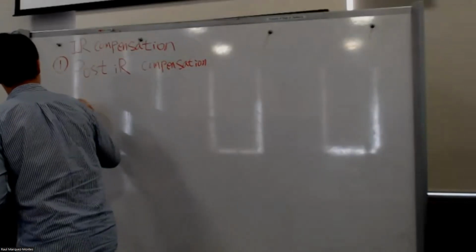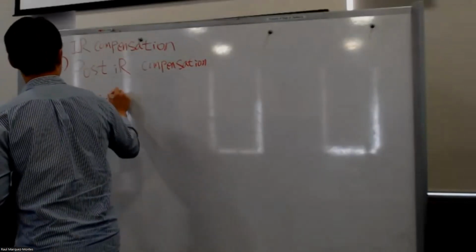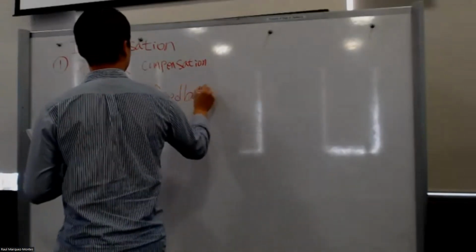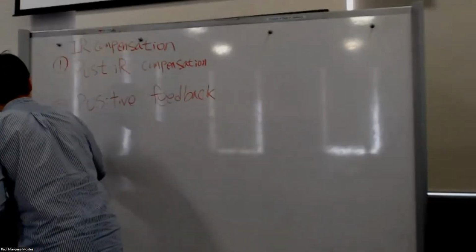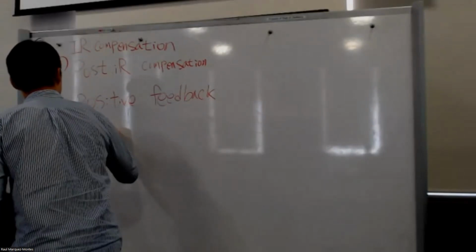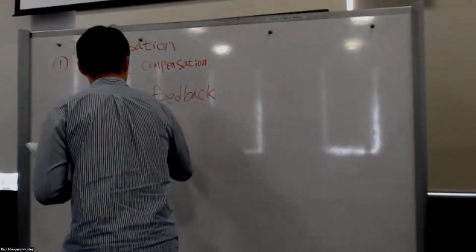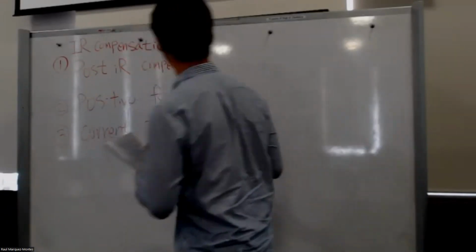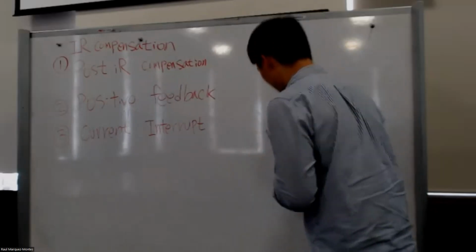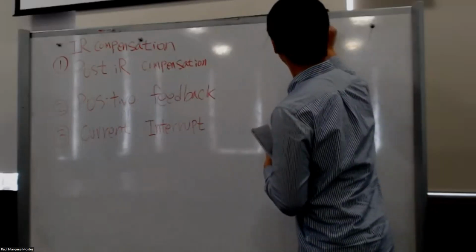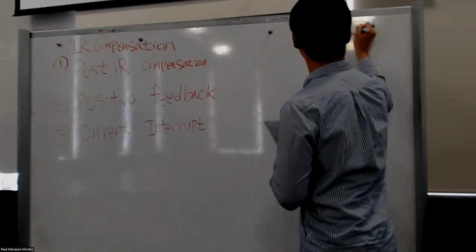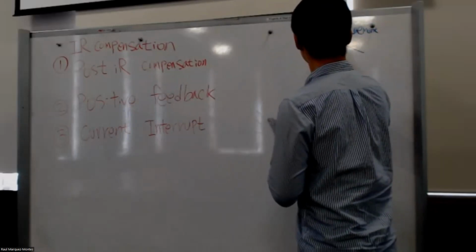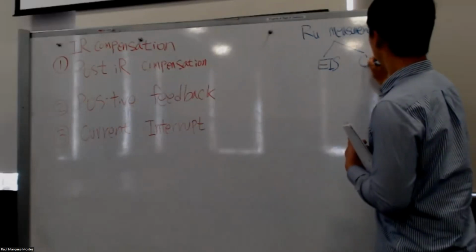Another is positive feedback. The third one is current interrupt. And remember, for the RU measurement, we have impedance and current interruption.